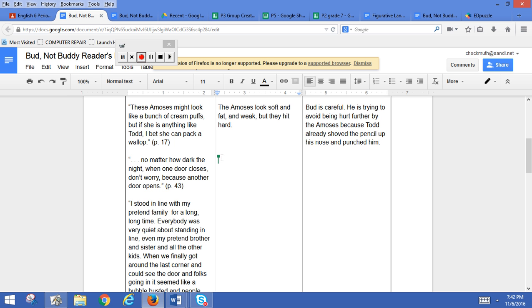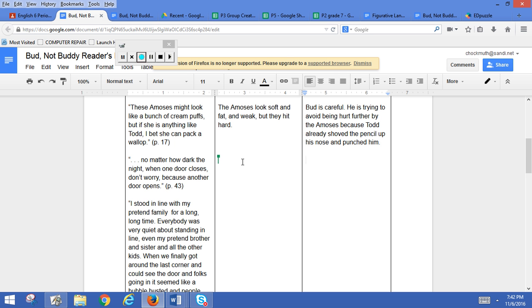So I want you to look at that page, look at the quote on page 43, and you're going to need to reread that page a little bit, and then write, what does that really mean? What does his mother mean by one door closes and another door opens?